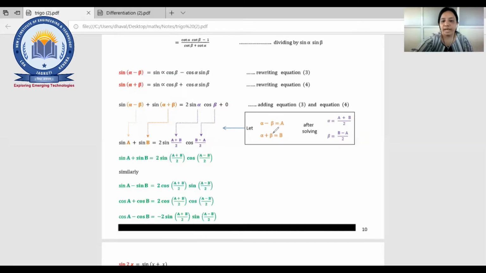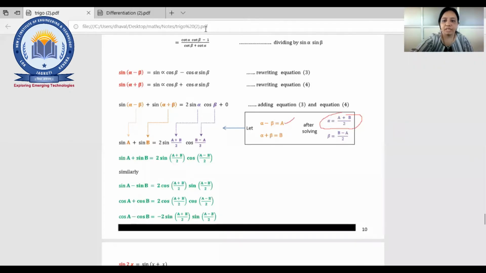Instead of that, we have assumed that alpha minus beta equals A and alpha plus beta equals B, right? So in that one, you will get alpha equal to (A plus B) divided by 2 and beta equal to (B minus A) divided by 2, right?